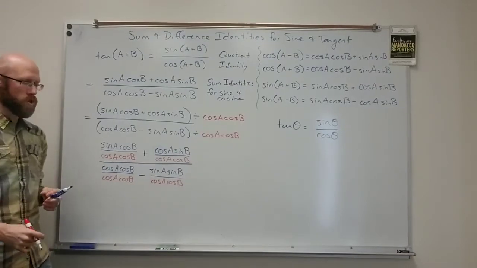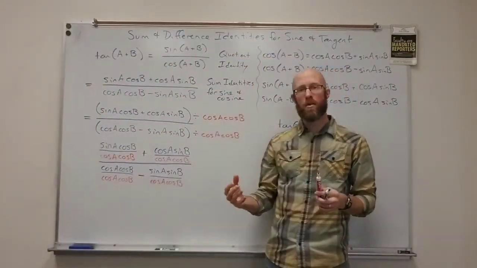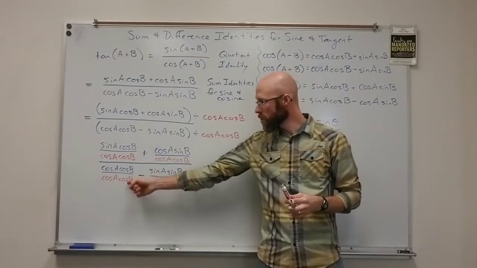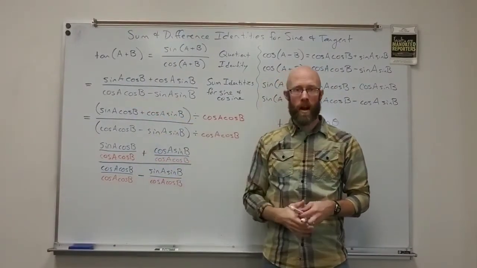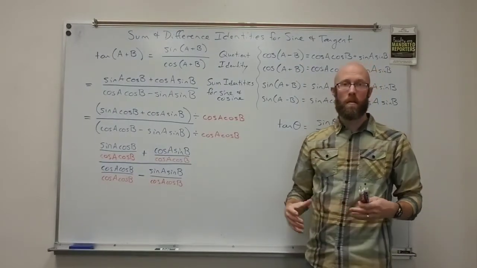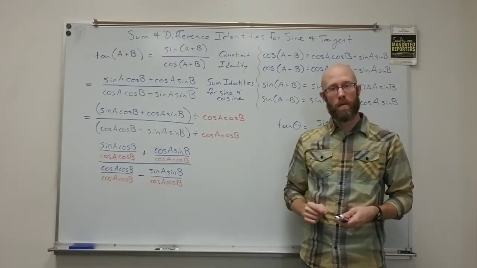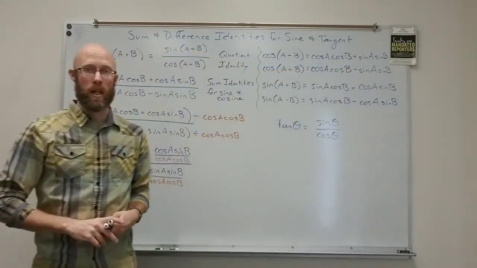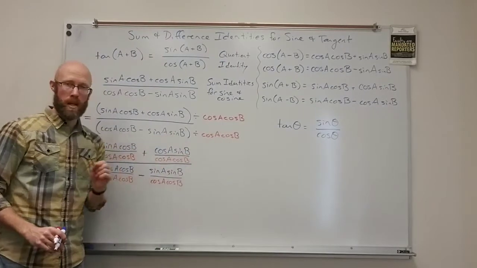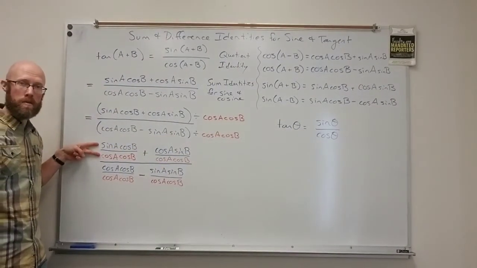So again, the cos A cos B combination distributes to the denominator of every term on the original fraction, okay? It looks like we've made a much more complicated fraction, but in fact it's going to help us simplify it in a moment. The reason this was so clever to choose cos A cos B as the denominator is because we're going to start to develop some tangents in here.